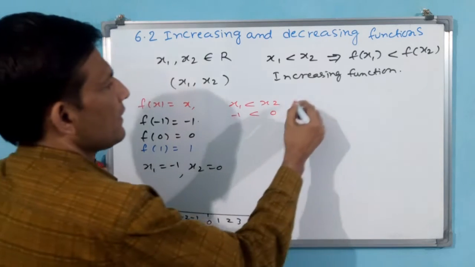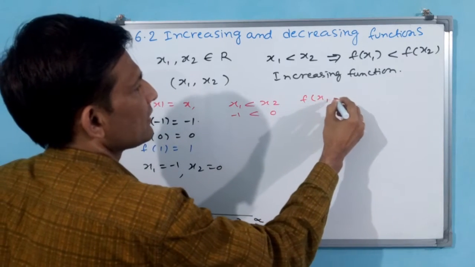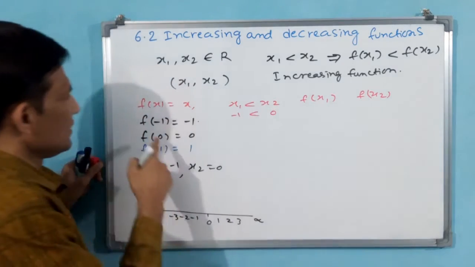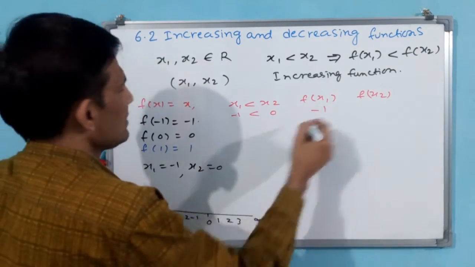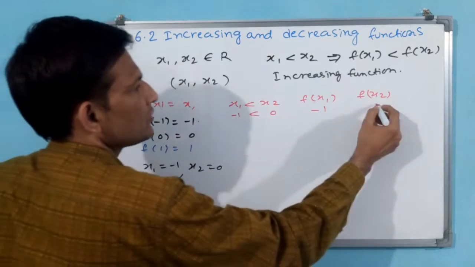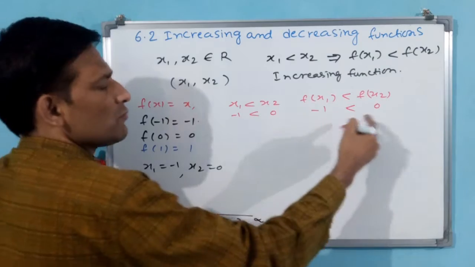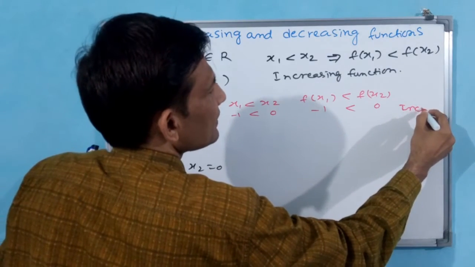Okay, now you see f of x1 and f of x2 I have written. See, f of x1 is -1, f of x2 is 0, then -1 is less than 0, yes, definitely. Then we can say this is an increasing function.